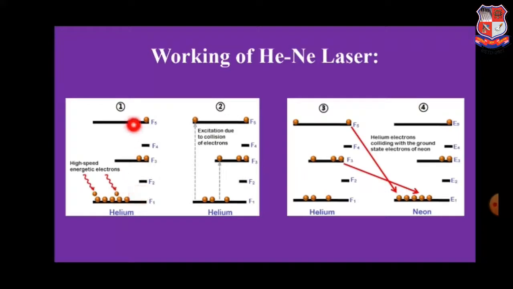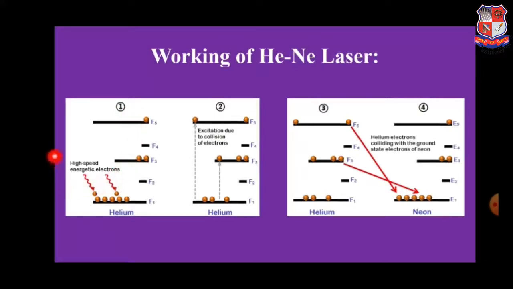First of all, observe this ground state condition, where the helium gas is utilized. F1, F2, F3, F4 and F5 are in increasing order of the energy states, where F1 is the lowermost energy level and F5 is the highermost energy level. Our duty is to lift the higher amount of electrons which are at present in the F1 energy level into the energy level F5.